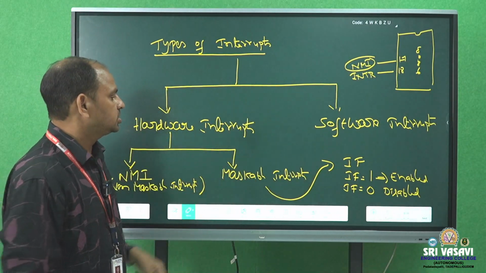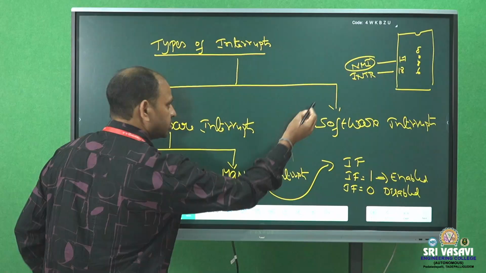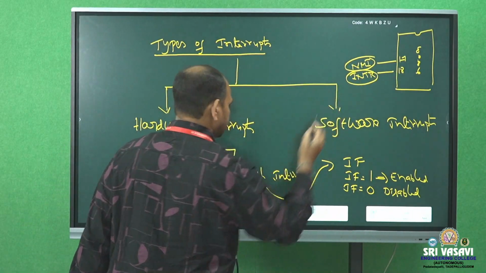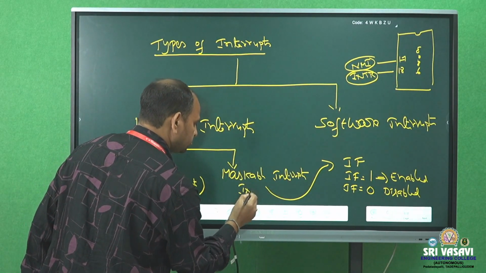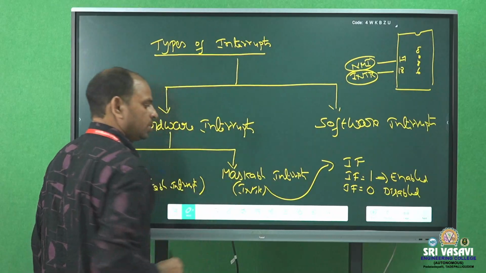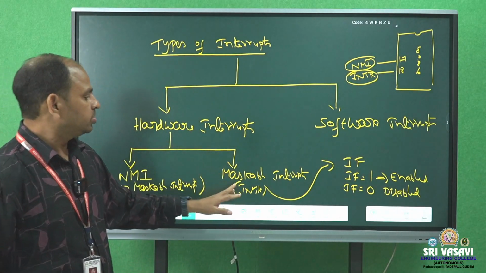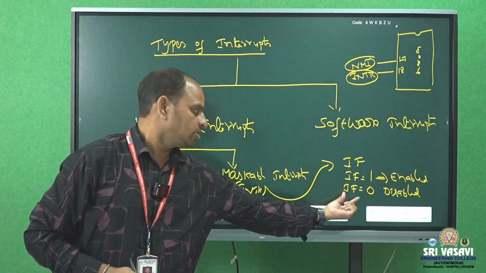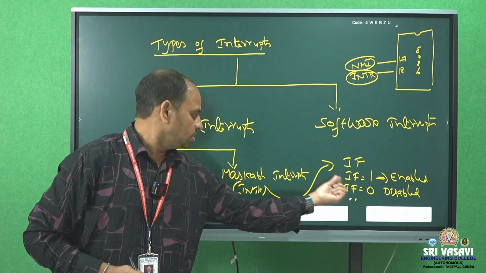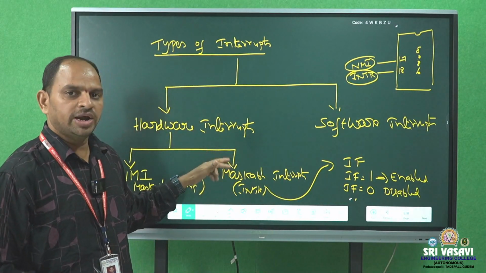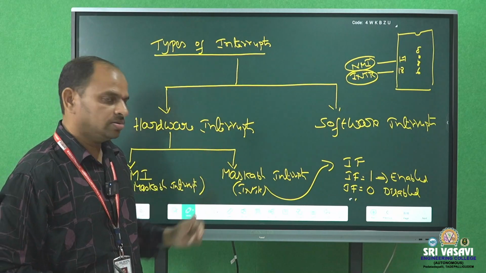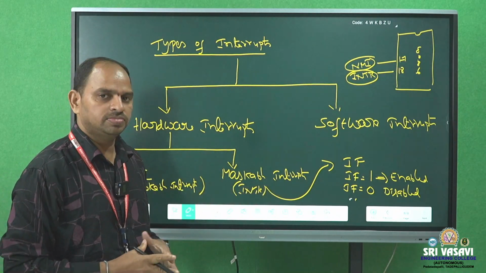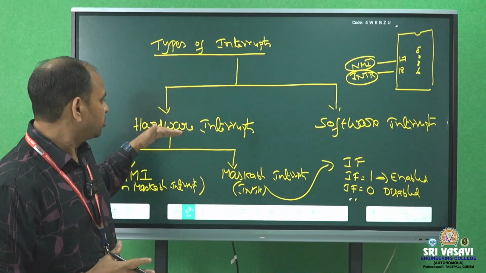An example of a maskable interrupt is INTR. Whenever it is disabled, that means when IF equals 0 in the flag register, even though an interrupt is coming at this pin, the microprocessor does not take it because it is disabled. So this is about the hardware interrupts.